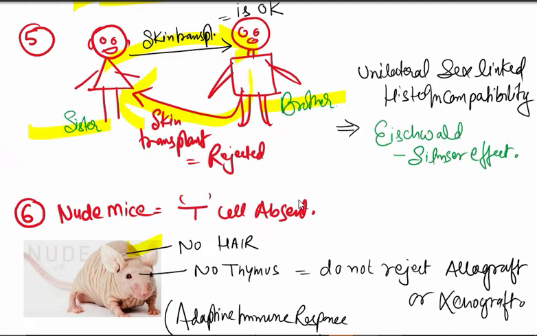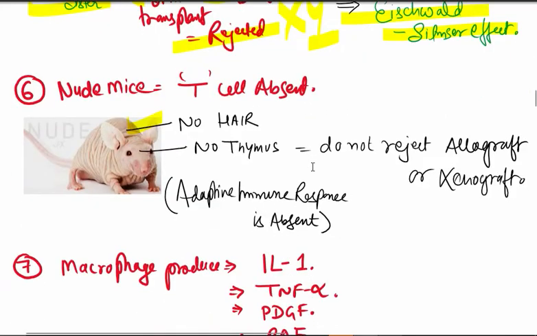Why? This is unilateral sex-linked histoincompatibility. This is the Eichwald-Silmser reaction. This is because of something of the Y present in the male body.